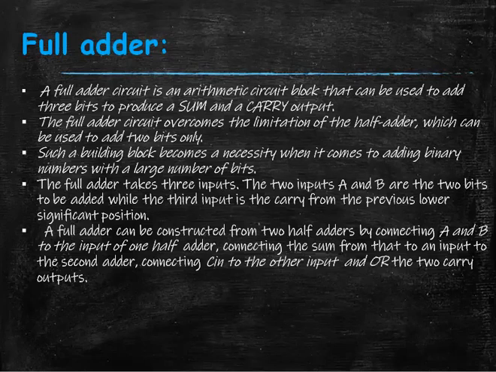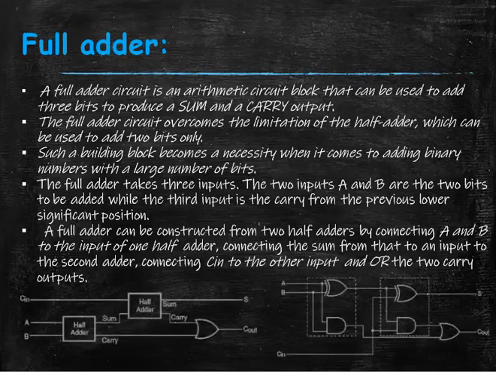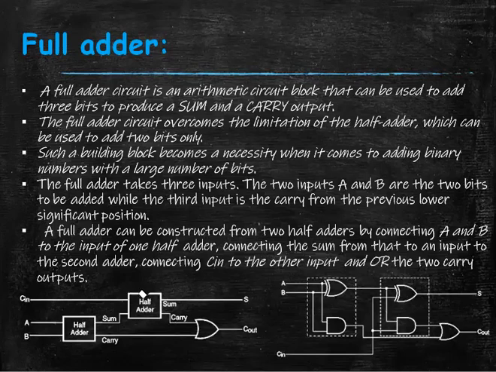A half adder is used to add A and B, and the output of the first half adder is given to the second half adder, and the third bit, that is carry in, the lower significant bit, is also given to the half adder.